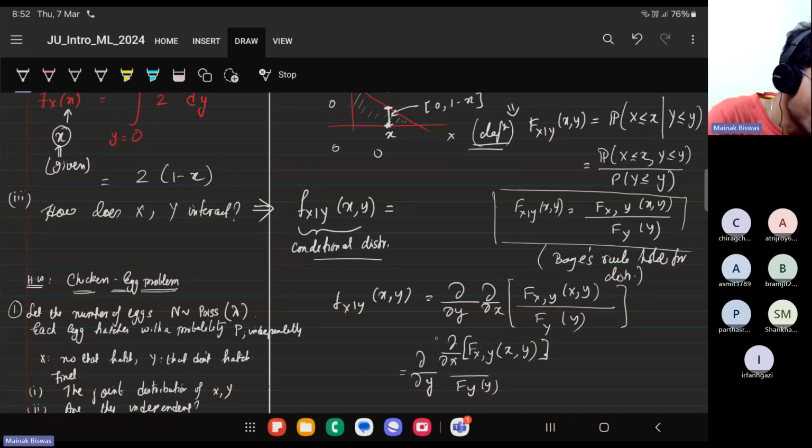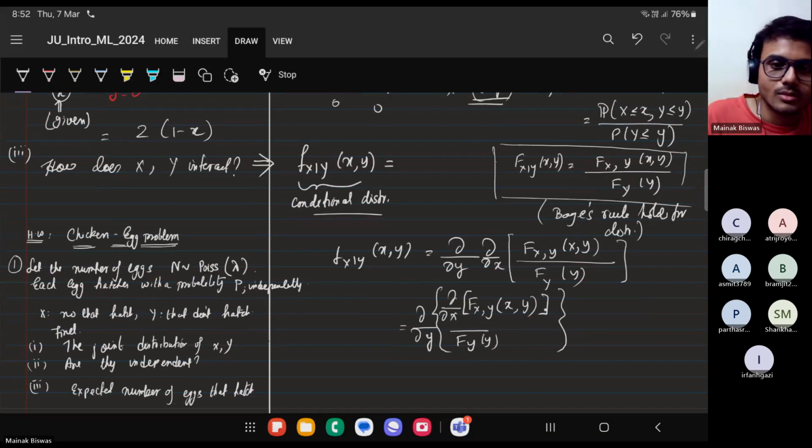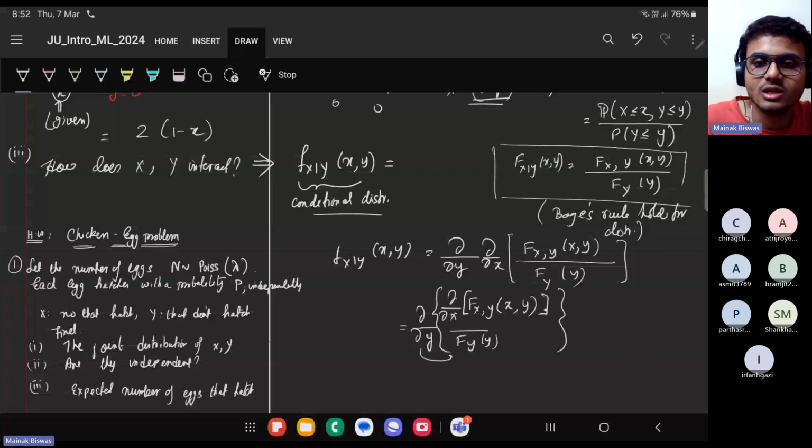Now what rule will I use? This will become small f of x y. See, the denominator now has y also, so I will have to differentiate using the u by v rule, right?